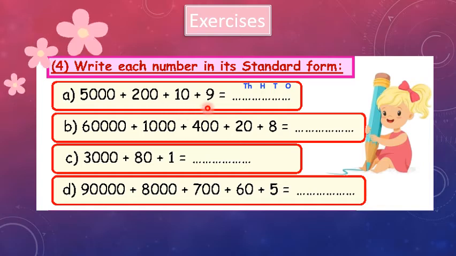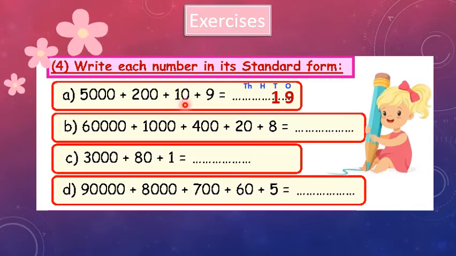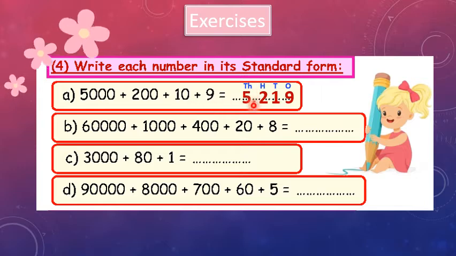Then write each digit in its place value. 9 in ones place because ones has no zeros. 1 in tens place because tens has 1 zero only. Just take the number and leave zeros. And 2 in hundreds place and put our comma because thousand has a comma, then write down 5. This number is called 5,219.